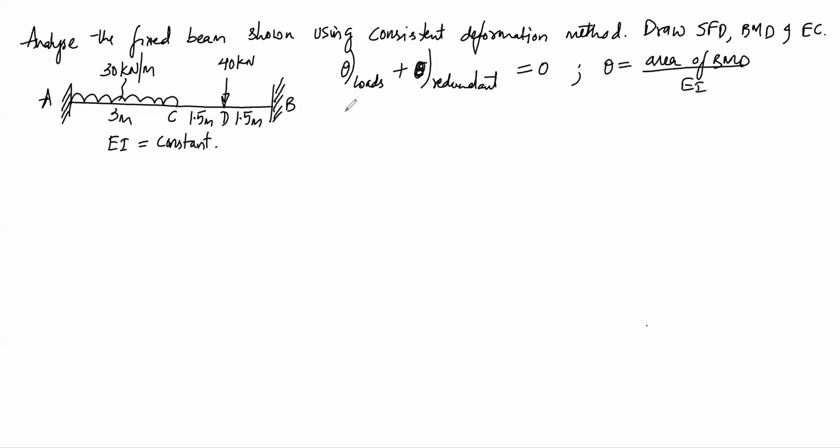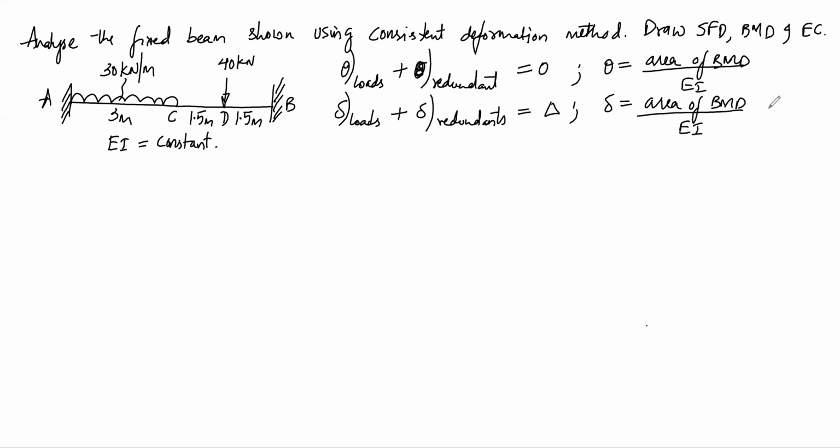And the second consistent deformation equation is delta due to loads plus delta due to redundants is equal to total settlement of supports, and delta is written as area of BMD divided by EI multiplied by centroidal distance.